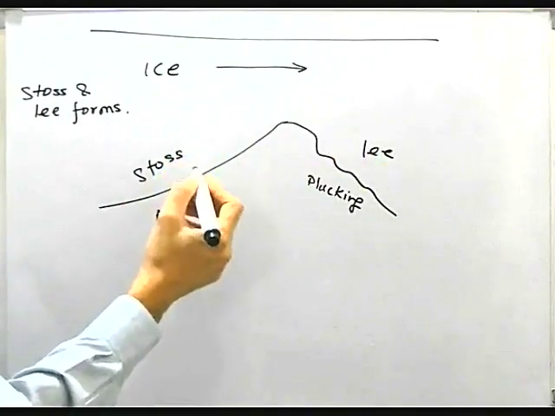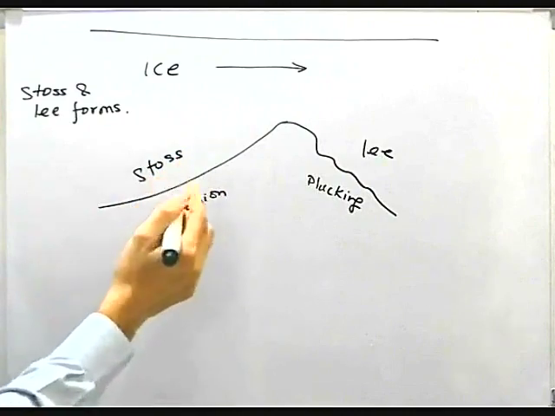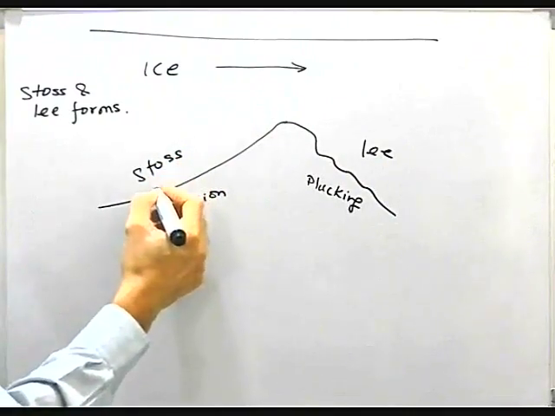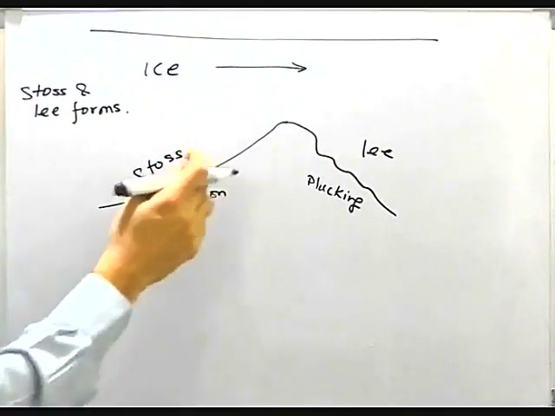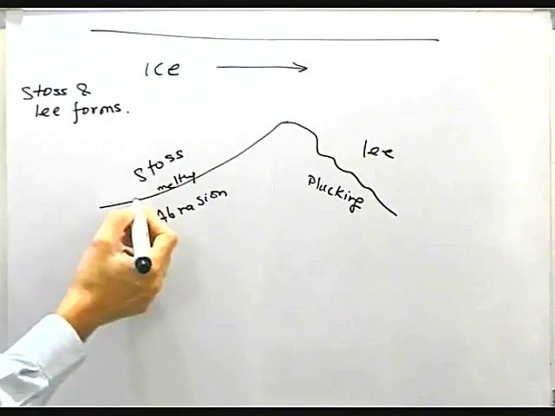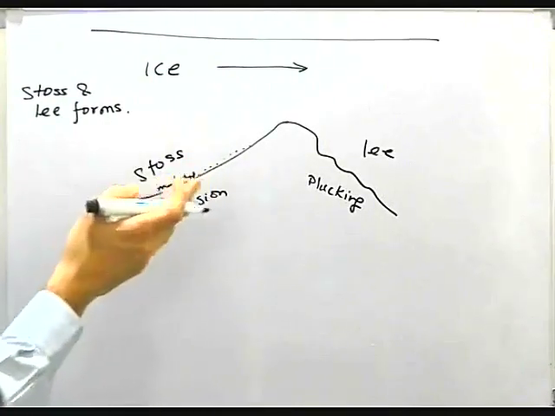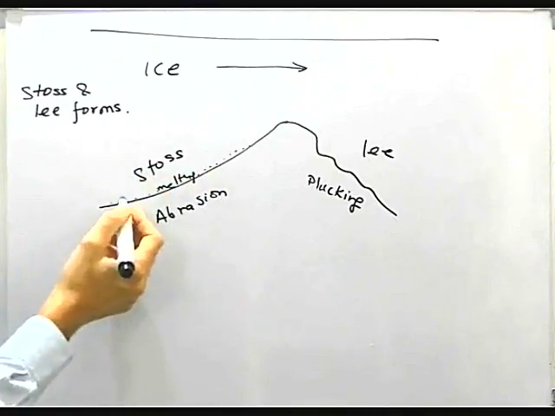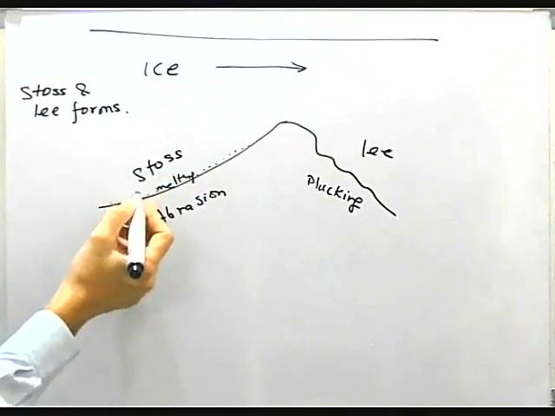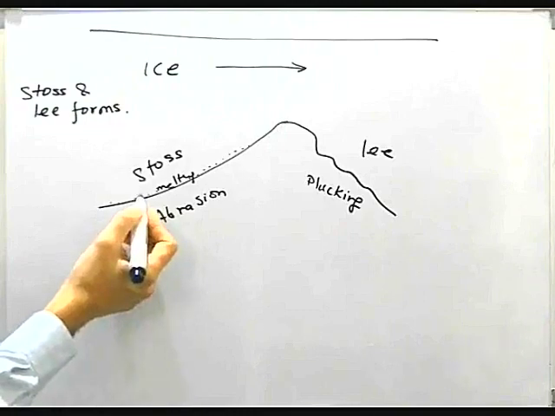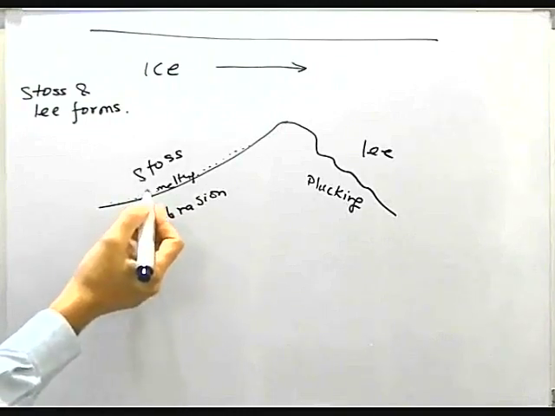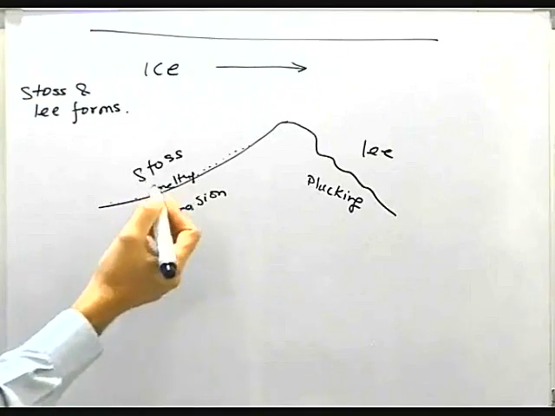Because of enhanced pressure on the stoss side, melting of ice takes place at the bottom, and a thin film of water forms at the interface between bedrock and ice. This facilitates the sliding of ice on the stoss side. Sliding of ice on the stoss side leads to abrasion.